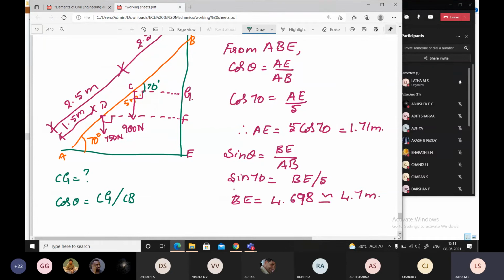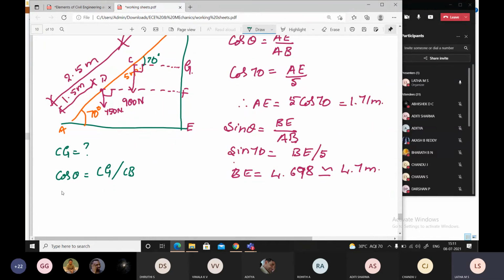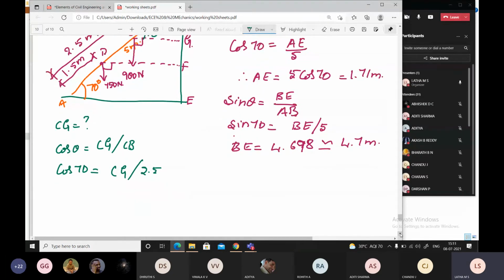Correct? So theta is 70 degrees. CG is unknown. CB value we know. What is the CB value? 2.5 meters. So what is CG? CG is 2.5 into cos 70. CG is equal to how much?